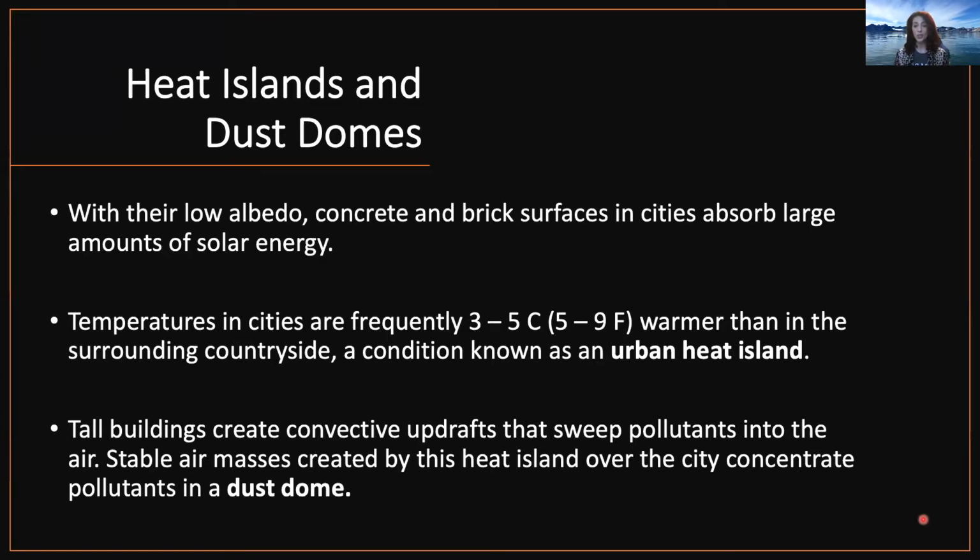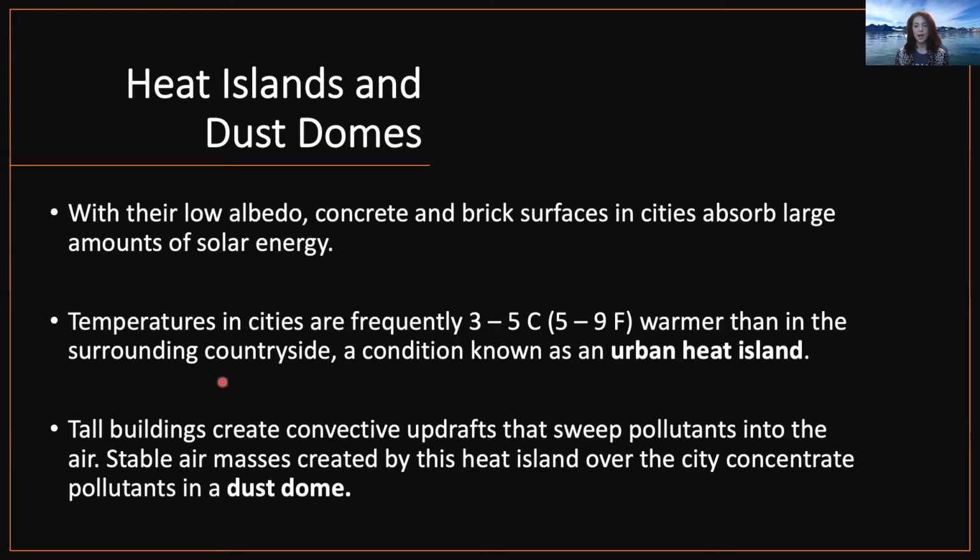So as a result, temperature in cities is actually frequently about 5 degrees centigrade warmer or 9 degrees Fahrenheit warmer than in the surrounding countryside. We call this phenomenon the urban heat island effect. In addition to that, tall buildings create convective updrafts that sweep pollutants into the air.